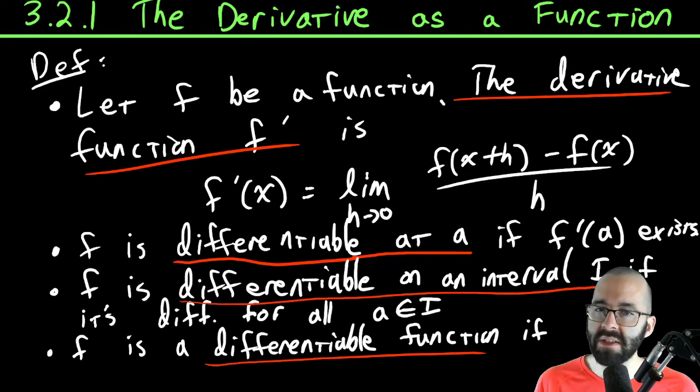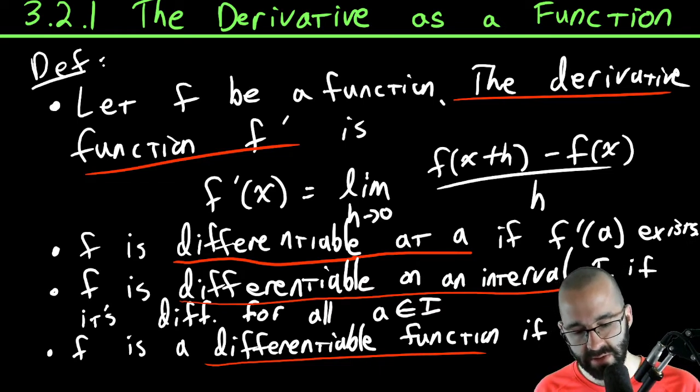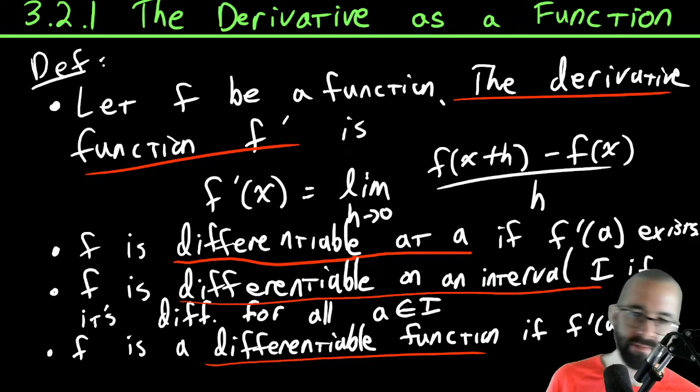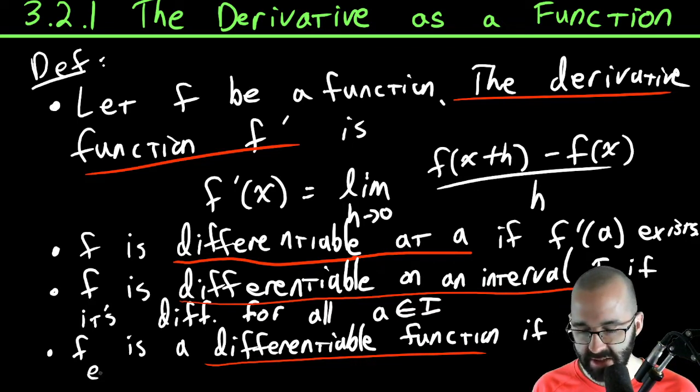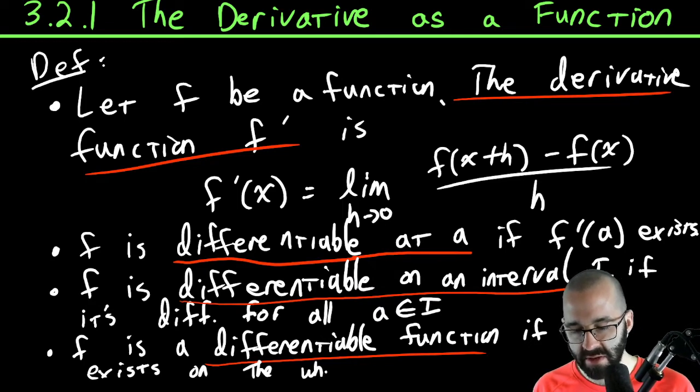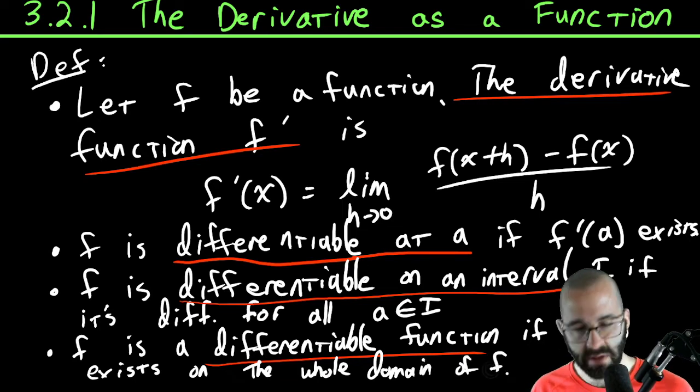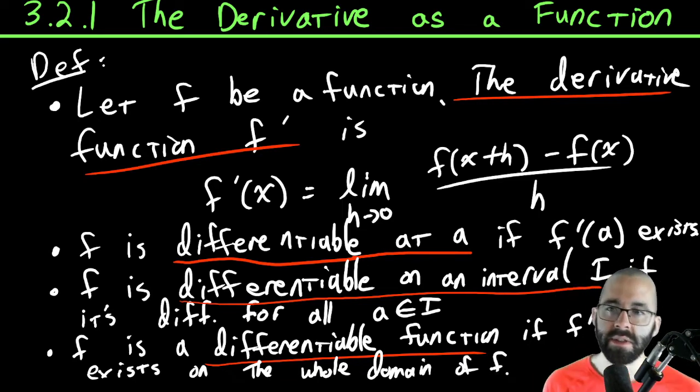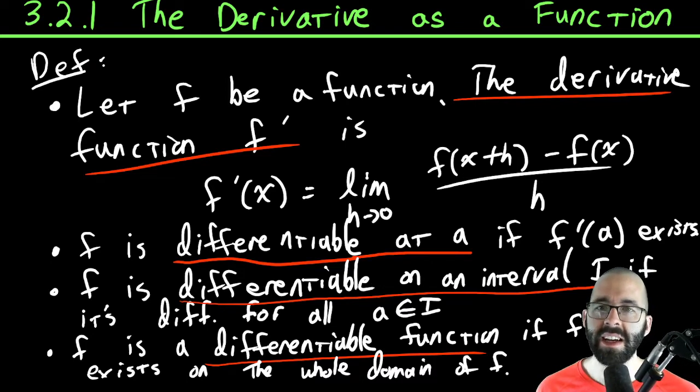Just saying something's a differentiable function means it's differentiable everywhere on its domain. Okay? So if f prime of A exists on the whole domain of f. So lots of definitions, but they're basically all the same definition. Differentiability, the derivative function. And that's what we're doing in this video. That's what we're doing in this section.